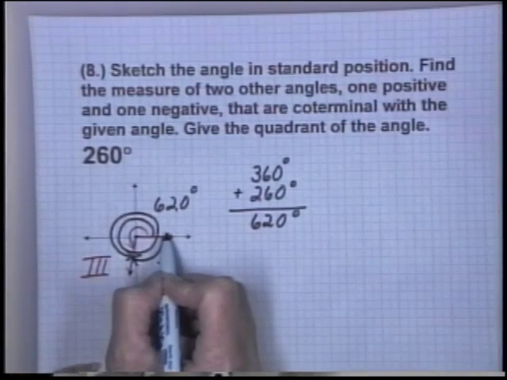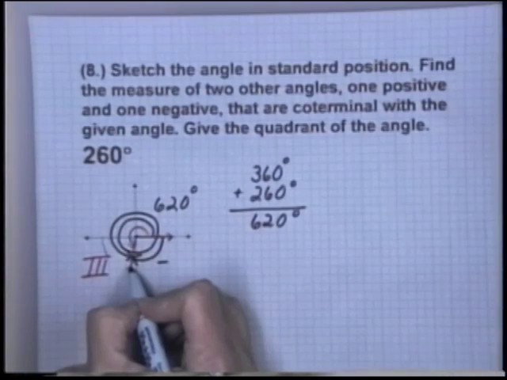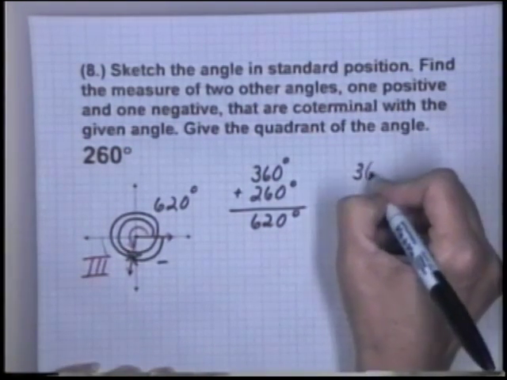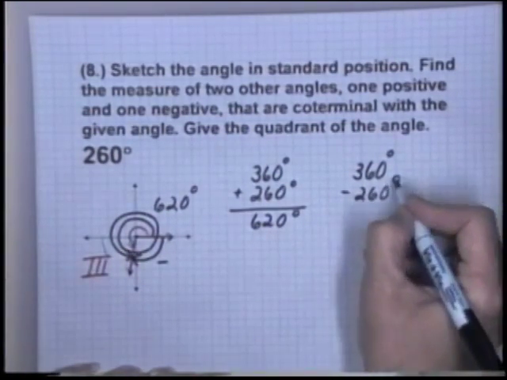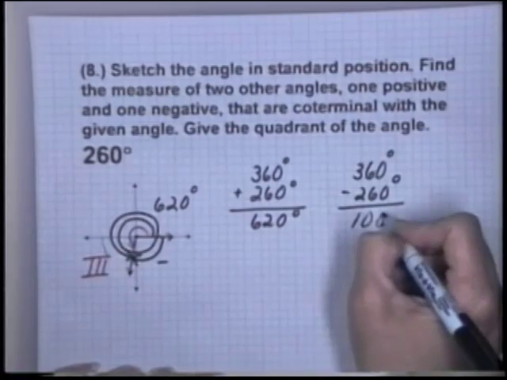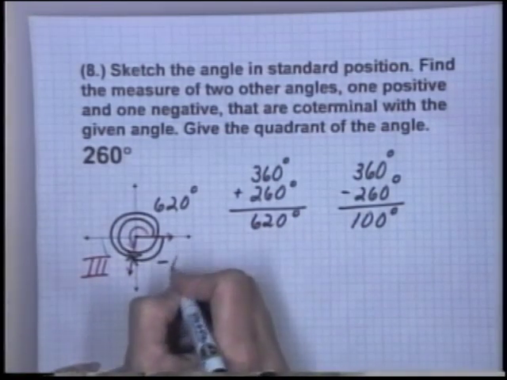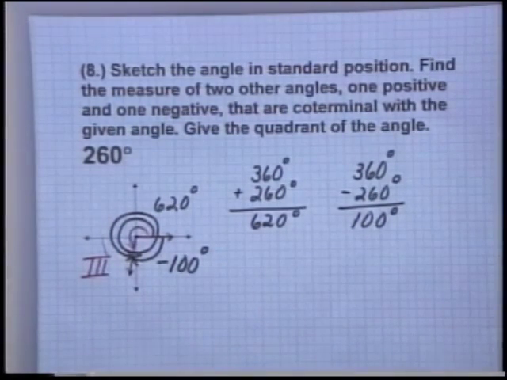We know that from here to here is 260. So to figure out how many degrees are left, we'll say 360 subtract 260, and we get 100 degrees. So the negative angle that I have sketched here would be negative 100 degrees.